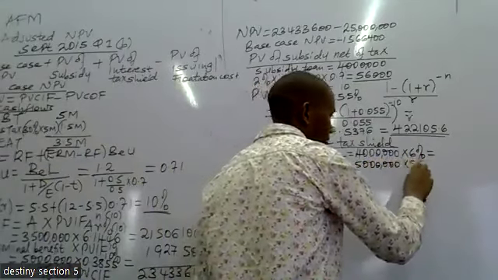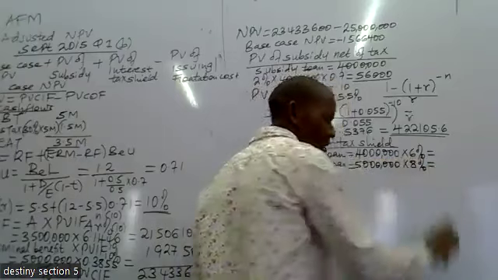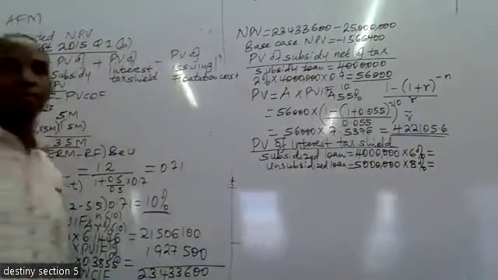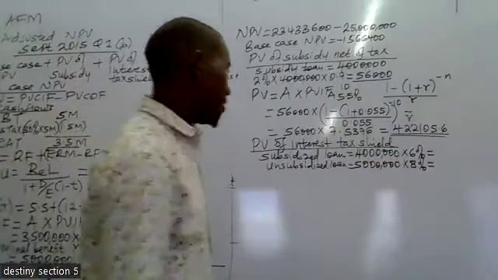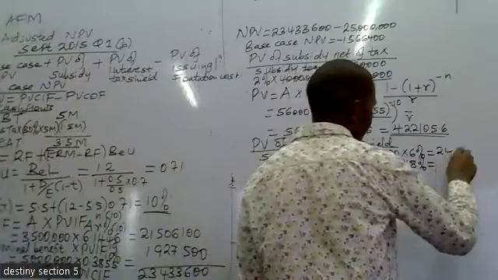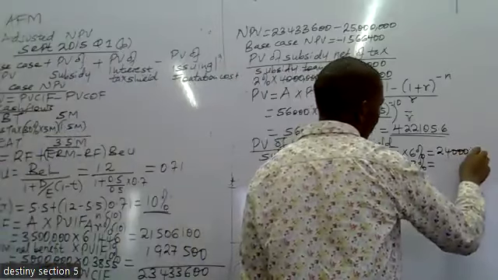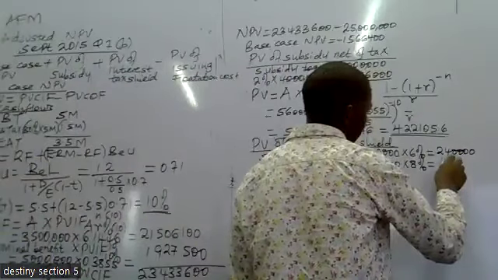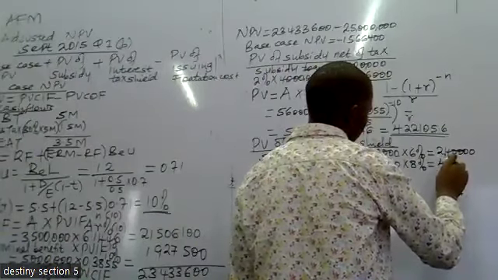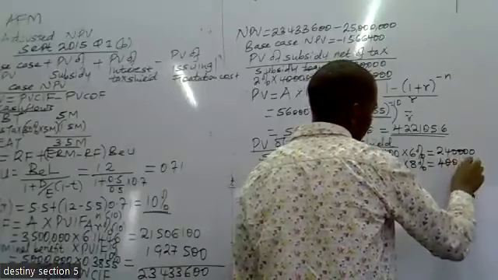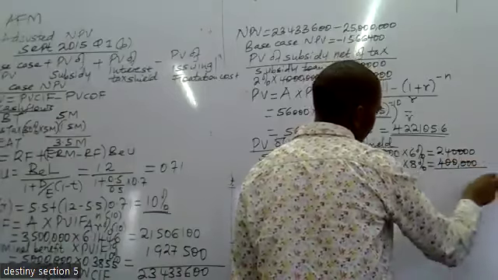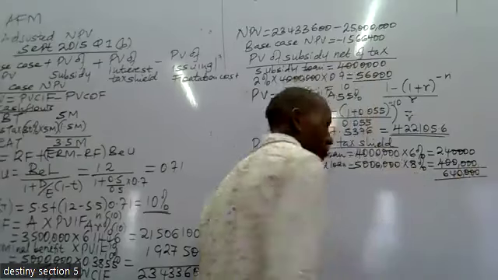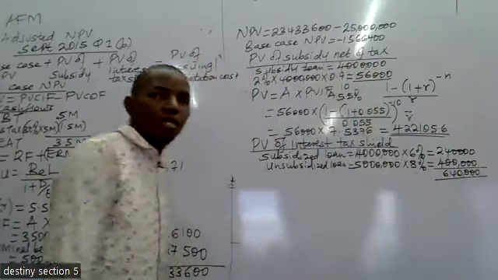This is for the unsubsidized, which will be 8%. So what will be the interest? First one is 240,000. This other one will be 400,000. So get the total: 640,000. That is the total interest.